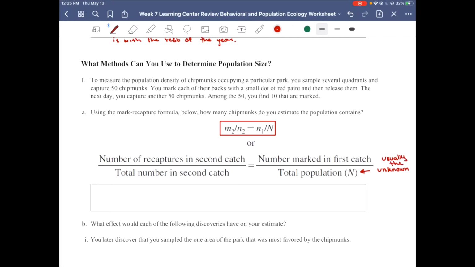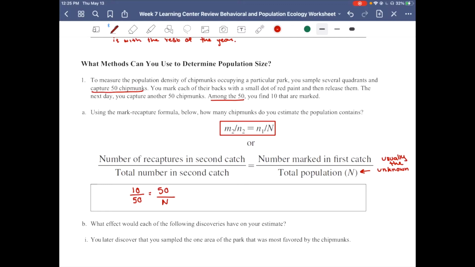So in this example, the number recaptured in the second was 10, and the total number in the second capture was 50 because they caught 50 in the second capture, and only 10 of that were marked. So it would be 10 over 50 equal to the number marked in the first catch, which was 50 because it says here that they captured 50 chipmunks, and then this is what we don't know.